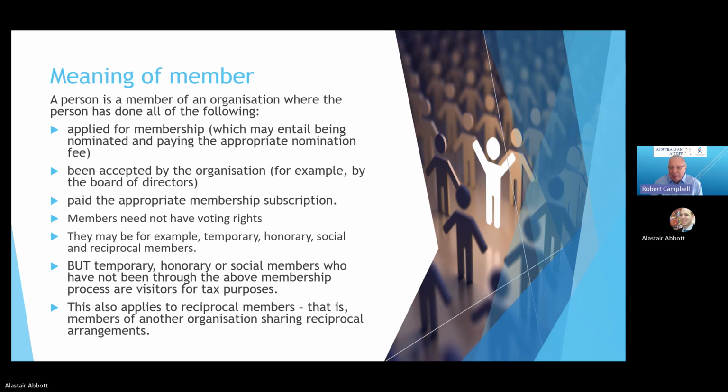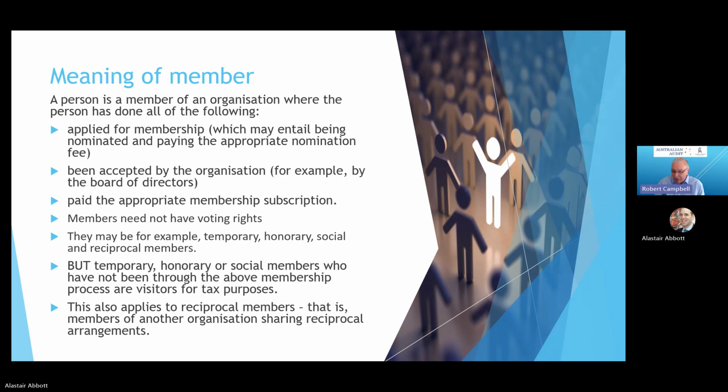So a person is a member of an organisation where the person has done all of the following. Applied for membership, which may entail being nominated and paying the appropriate nomination fee. Have been accepted by the organisation, for example, by the board of directors. Paid the appropriate membership subscription.